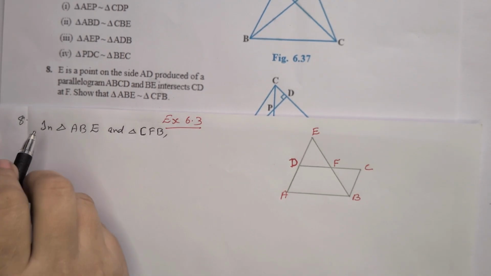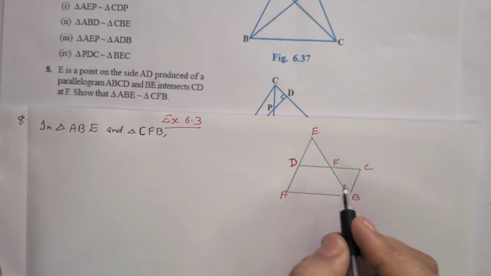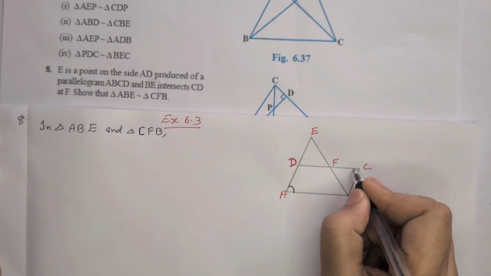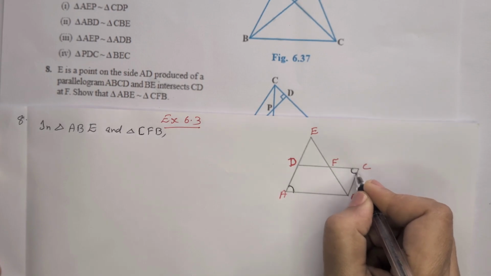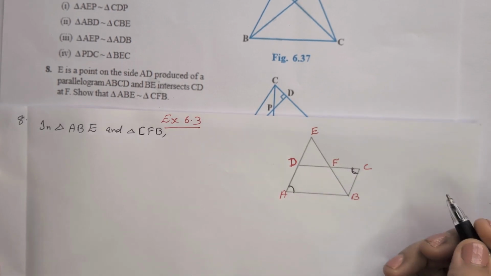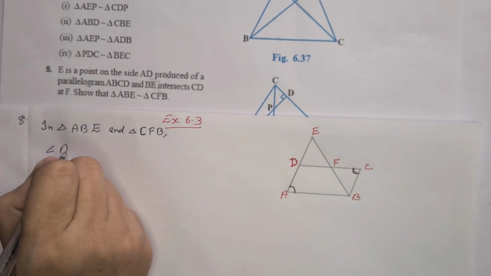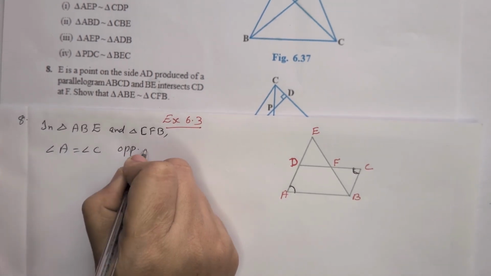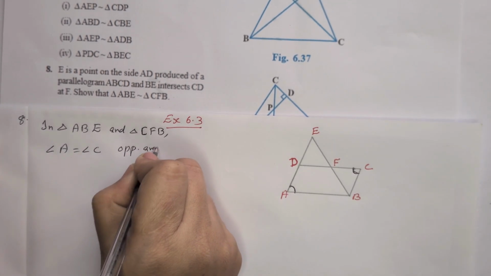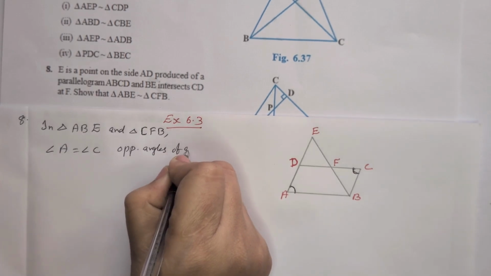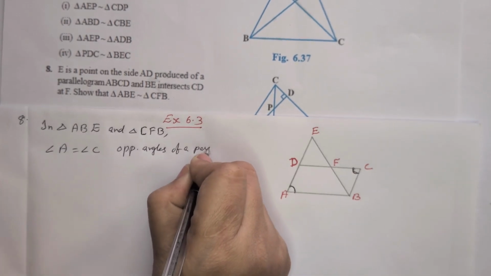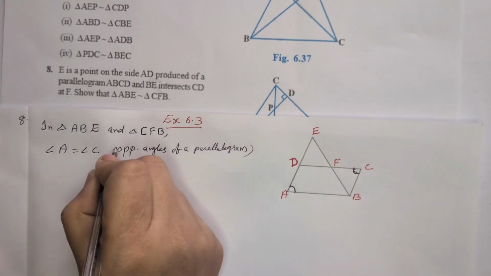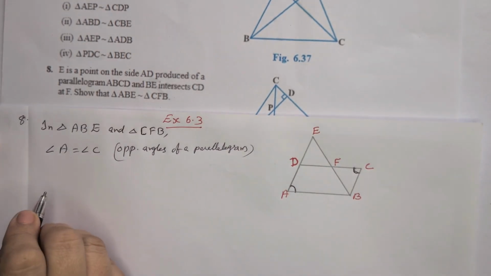From here, we can write angle A is equal to angle C, opposite angles of a parallelogram. Opposite angles of the parallelogram are equal.